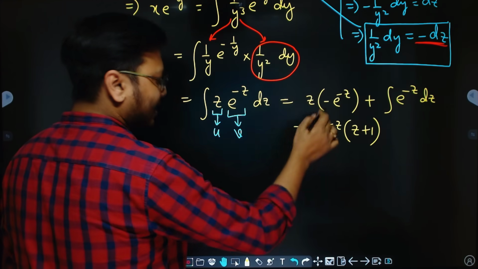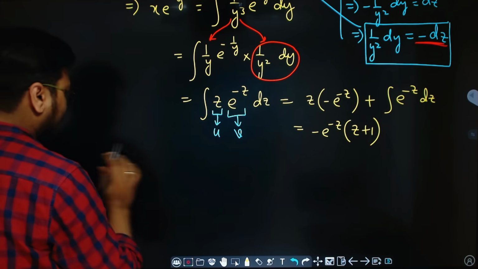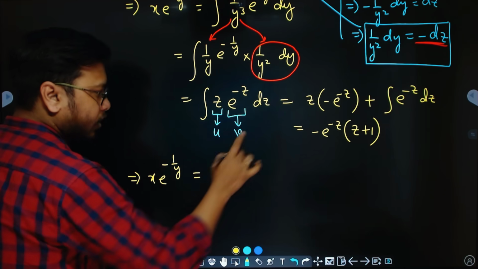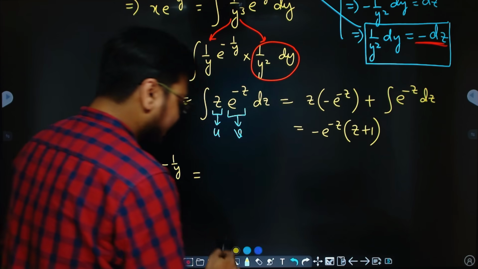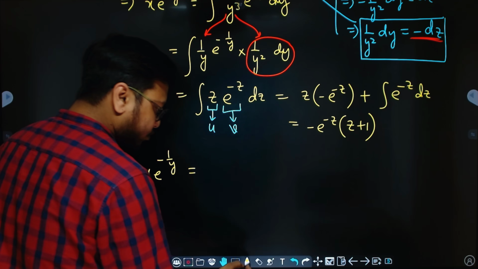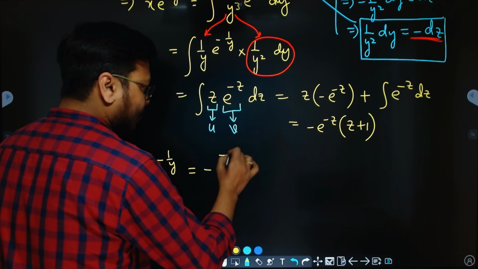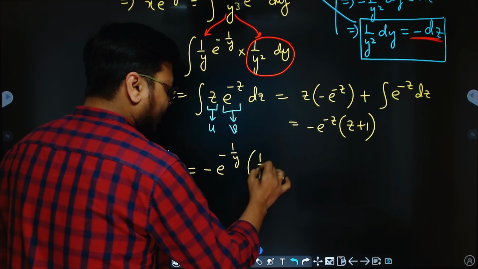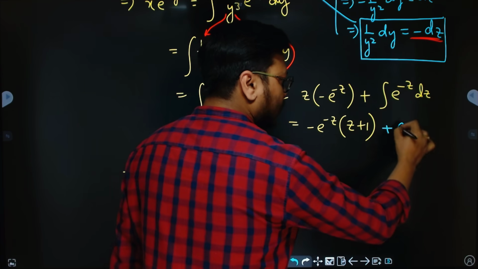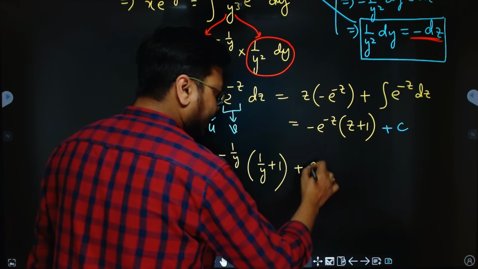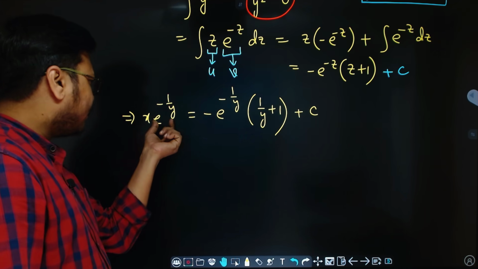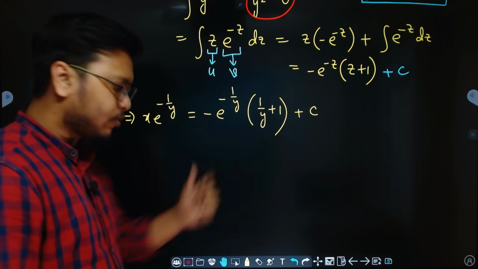So I'll plug back the z value over here, and on the left side I have x e to the power minus 1 by y. On the right side, in place of z, I need to plug back the 1 by y value. So if I do that, minus e to the power minus 1 by y, 1 by y plus 1, and definitely there has to be an integrating constant, plus c. So what I can do is I can get rid of the e to the power minus 1 by y from both sides.